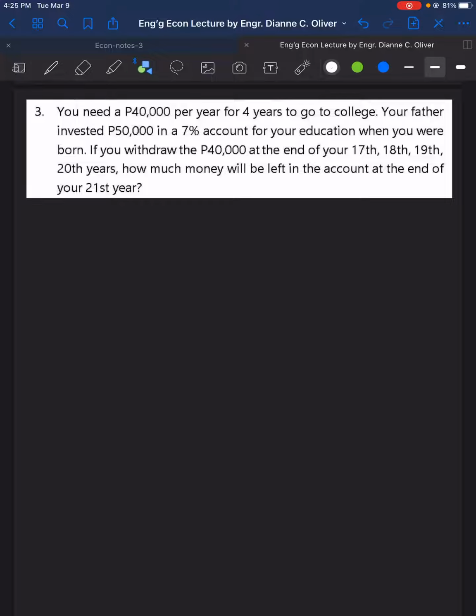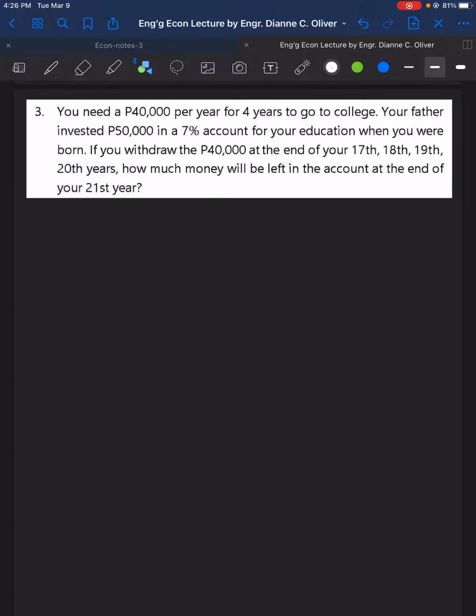But your father already planned it ahead. So when you were born, he immediately invested 50,000 pesos at 7% in the account for your education. So when you reach your 17th year, you need to withdraw the 40,000 for your college payments.